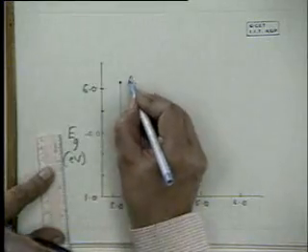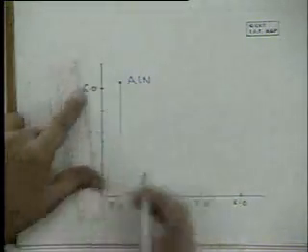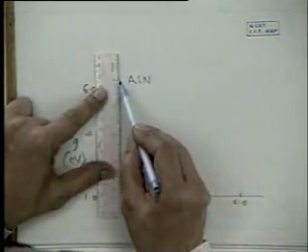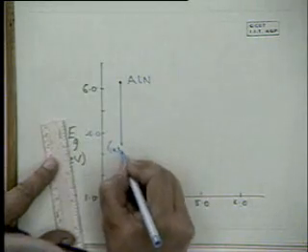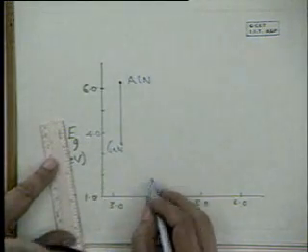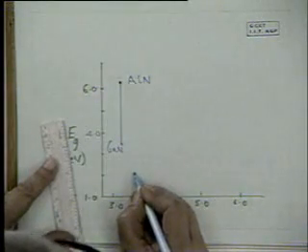This is aluminum nitride, and since gallium and aluminum have almost the same size, this is almost vertical. This is gallium nitride. Indium nitride has lower band gap and larger lattice parameter, about 3.5.